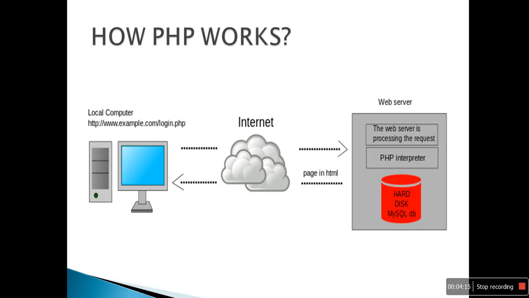Recording things in a text file will not be a good idea, so you need some kind of database. Mostly PHP goes with MySQL, so we can have MySQL as well. Now you need a web server that should be running, and for the web server you need special software like Apache, Tomcat, or especially Nginx.